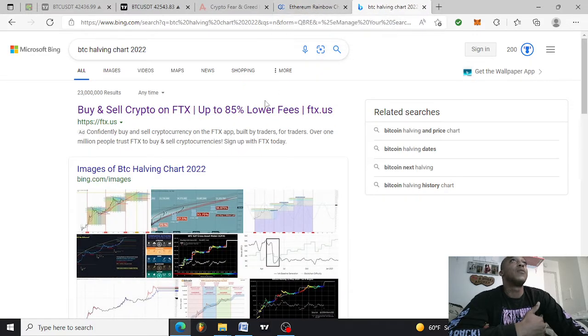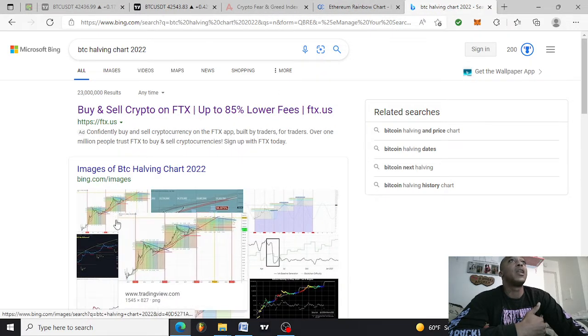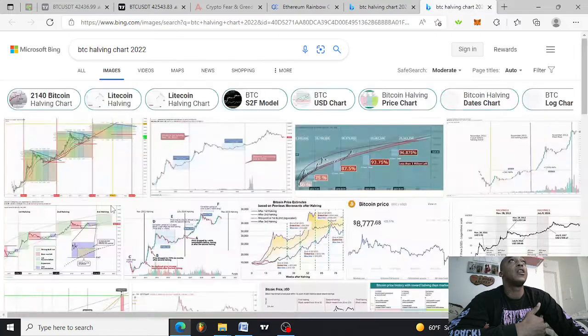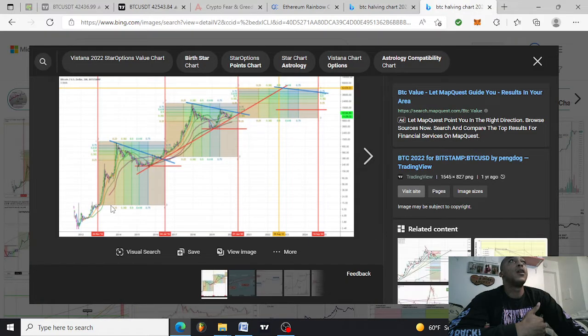Alright, and this is something that I want to explain, and I'll keep explaining in other videos. Every time we have a Bitcoin halving, the price goes up, as you can see on this chart. Like, this is a halving. This is the first halving for Bitcoin. Maybe not the first, I think it was the second halving or whatever. But okay, we have a halving.